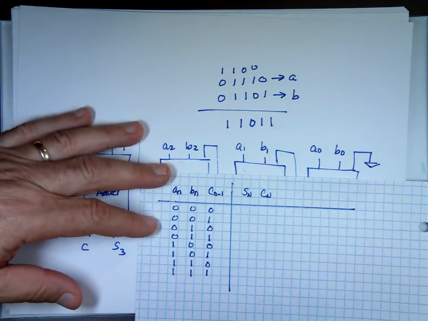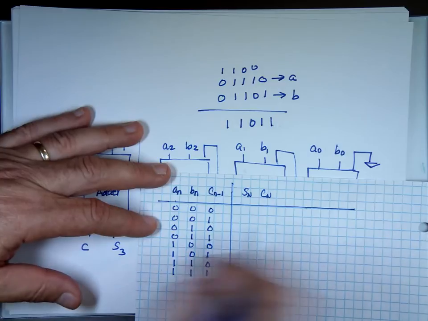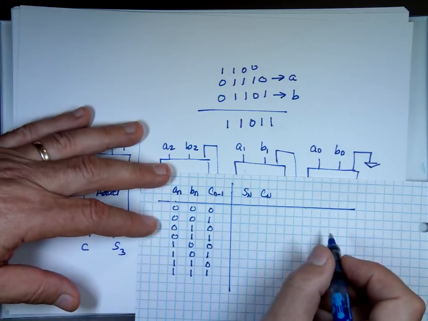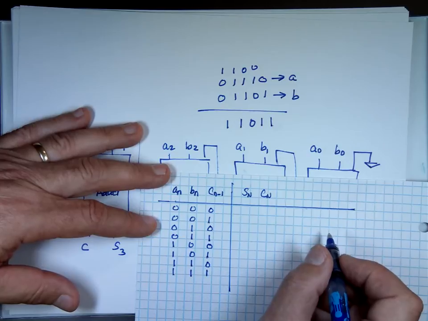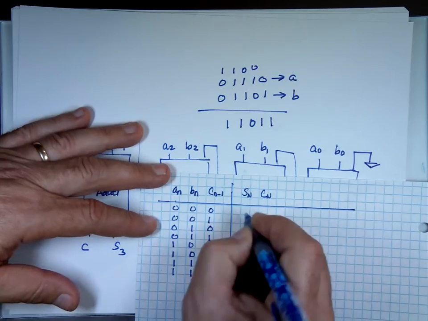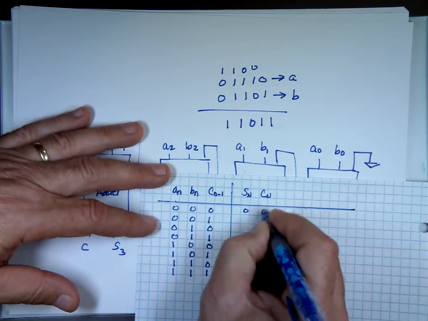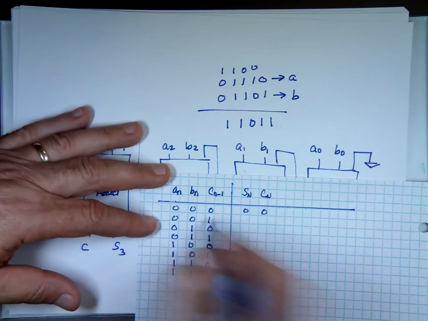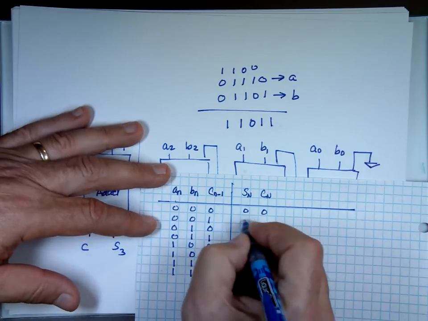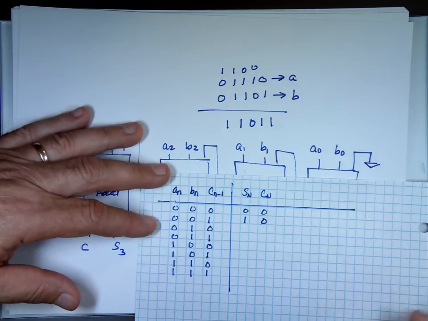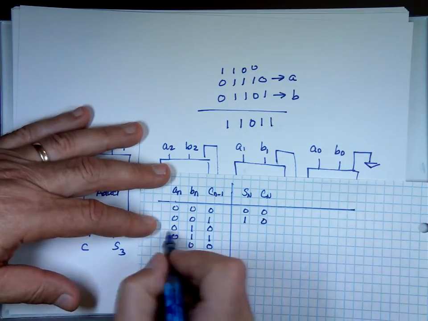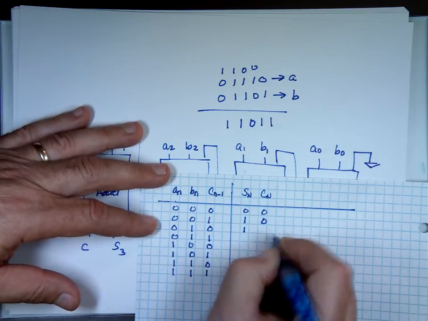Now the sum is what? What's 0 plus 0 plus 0? Zero and carry of 0. What's 0, 0, and 1? 1, no carry. What is 0, 1, 0? 1, no carry.